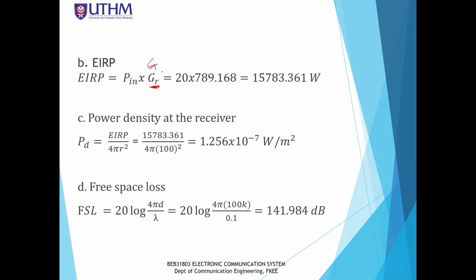So it is P in multiplied with the gain. You're going to get 20 multiplied with 789.168, which we obtained previously from the GR parameter, since GR and GT are the same. So we get 15783.361 watt for the EIRP.